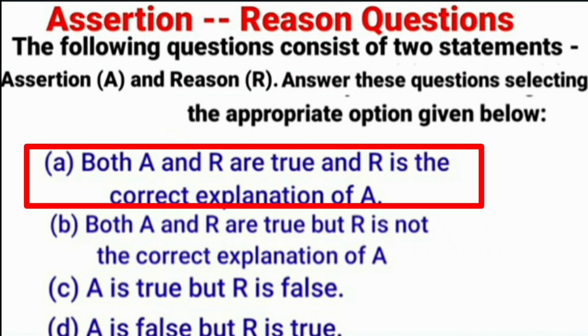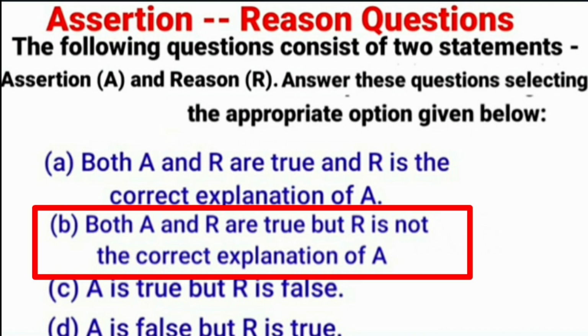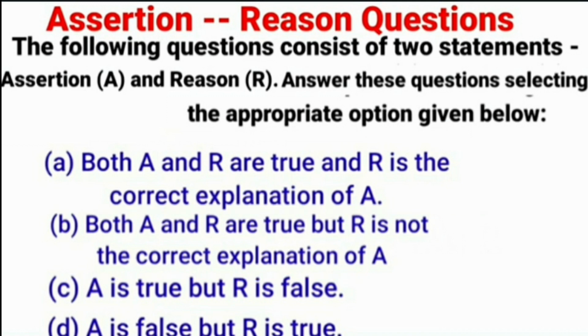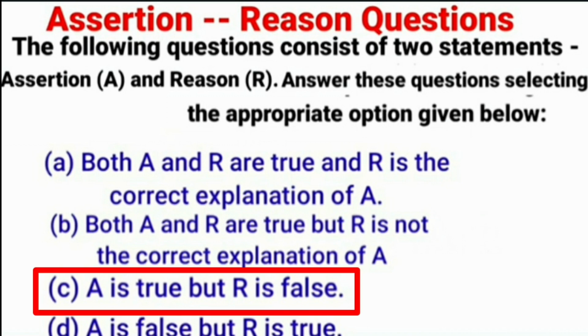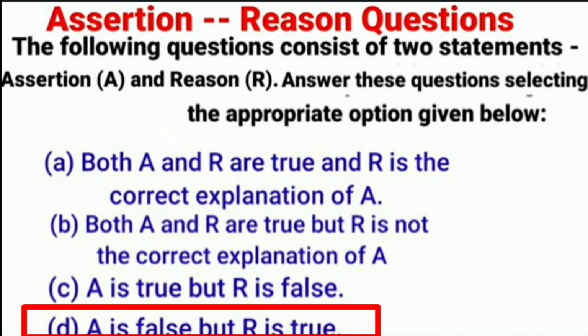If the reason is not the exact explanation of the assertion, then option B is the correct answer. If the assertion is true and reason is false, C is the correct option. If assertion is false and reason is true, option D is the correct answer.